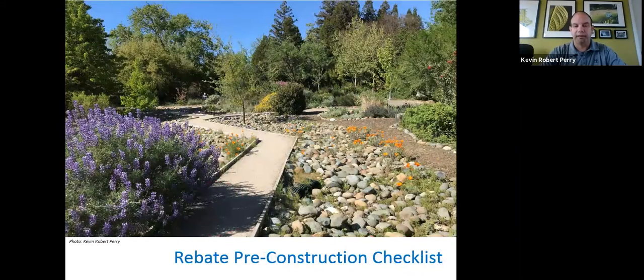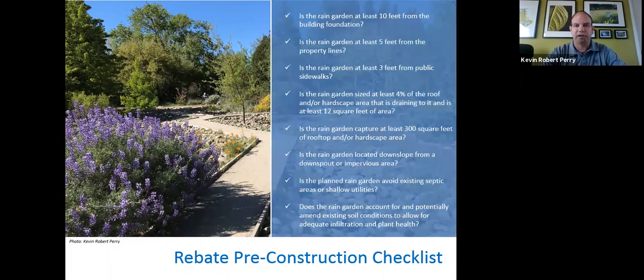So just kind of looking at some of the checklist items, if you're looking at design and planning of your rain garden, it's kind of wrapping up the design portion of this section. Some questions here for you to ask: is the rain garden, obviously, 10 feet away from the building foundation? Are you representing the setbacks correctly?